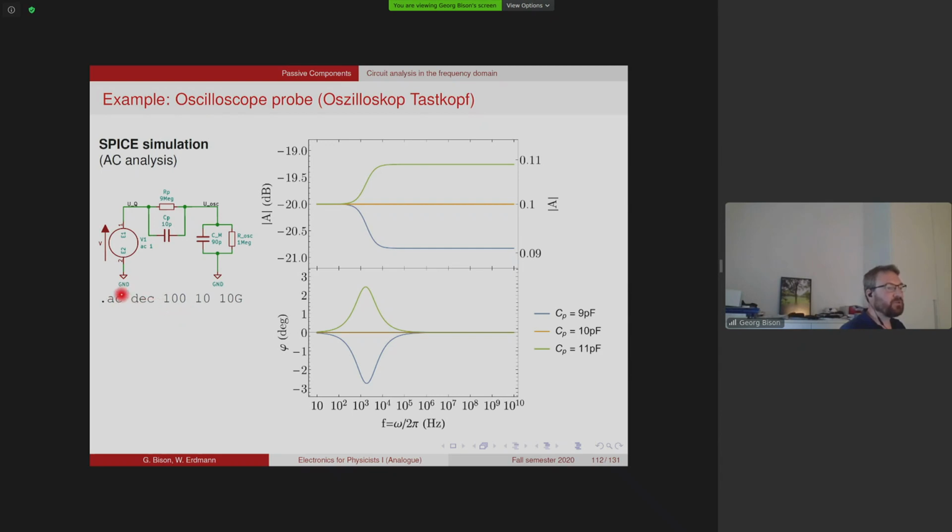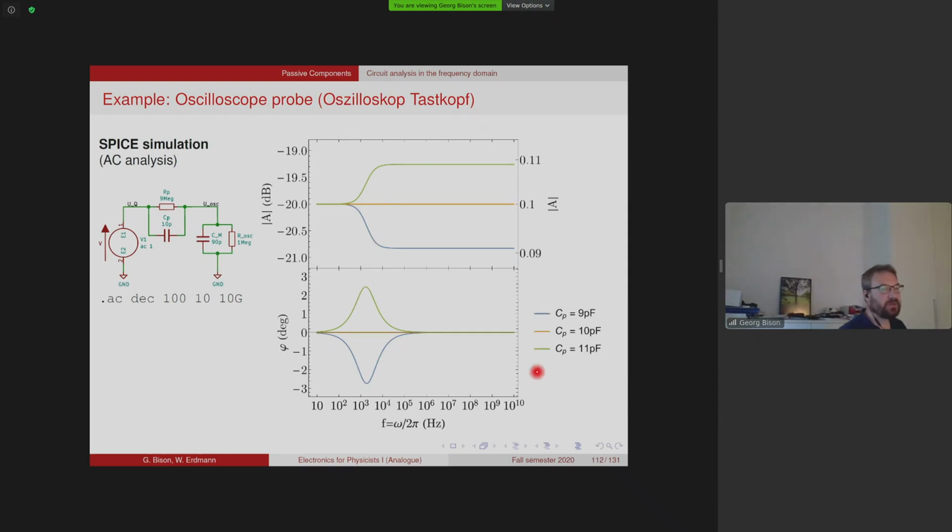I told it to do an AC analysis where per decade I want 100 frequencies from 10 Hertz to 10 gigahertz. Yeah, and then you see, for the perfect value of 10 picofarad, the amplitude is constant and the phase is also constant, the orange curve in both graphs.